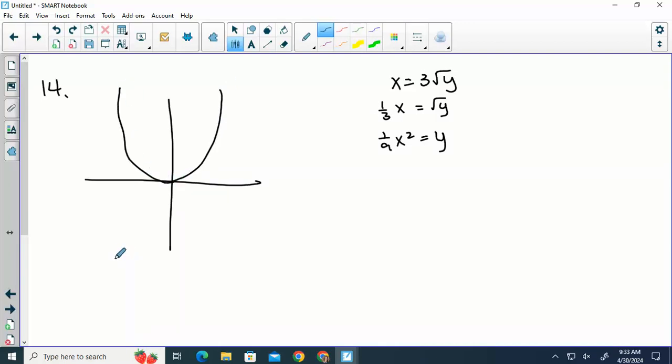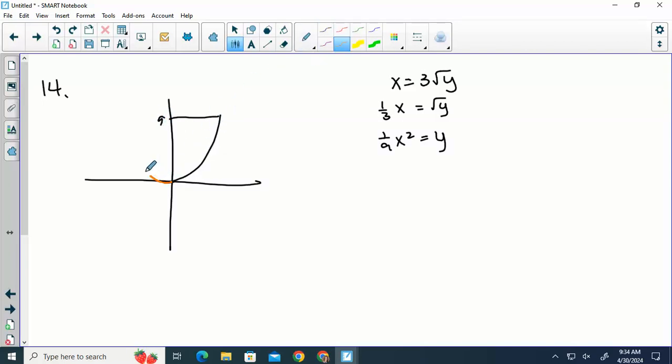X equals 0, so if I'm bounding by x equals 0, that's a vertical line at 0, that's just the y-axis. So I'm starting it here. Y equals 9, so that's my top. We're stopping at 9.